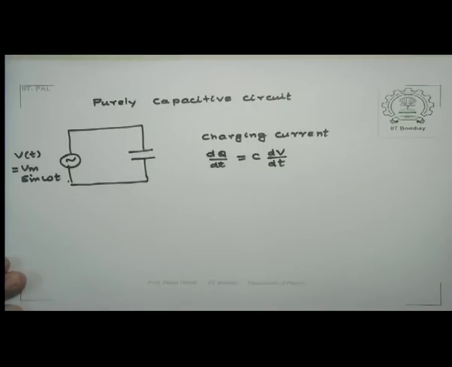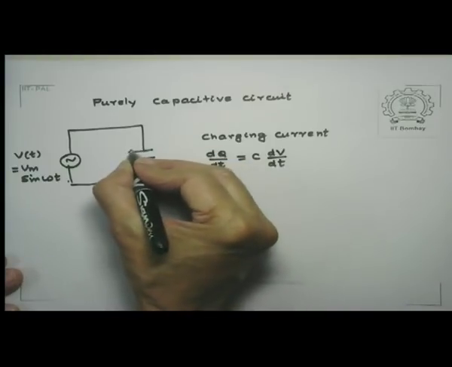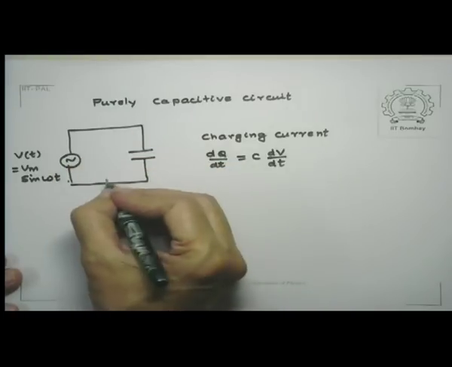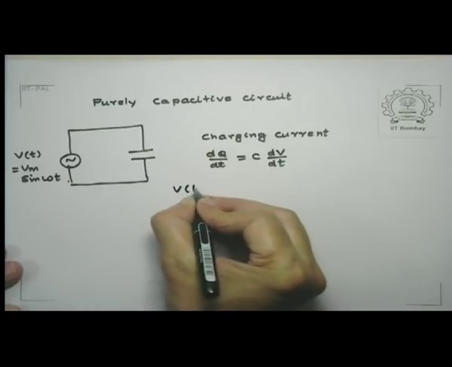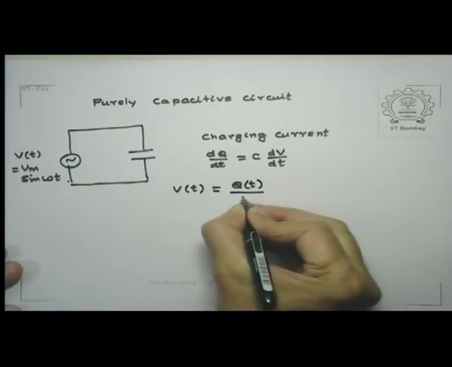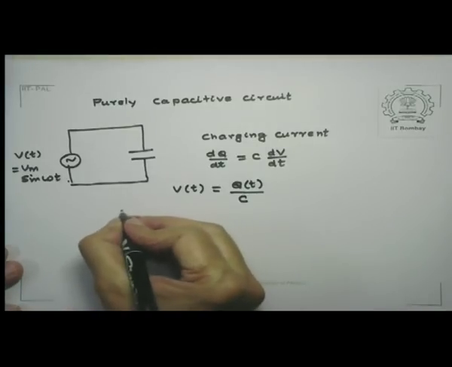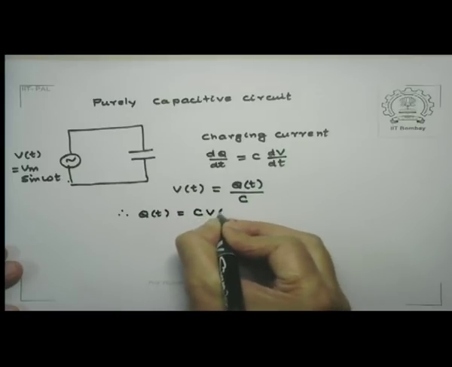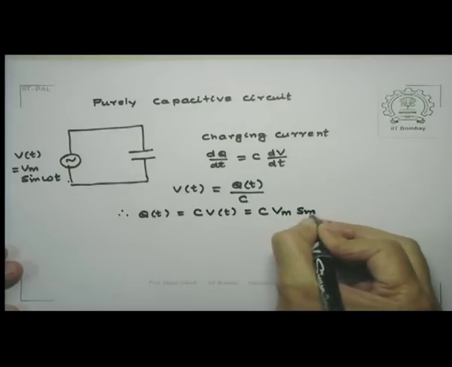And so therefore, what I have is that the voltage difference between the two plates, since there are no other elements in this circuit, is the same as V of t. So V of t is given by the instantaneous q of t divided by C. Therefore, q of t is C times V of t, which is equal to C times Vm times sine of omega t.